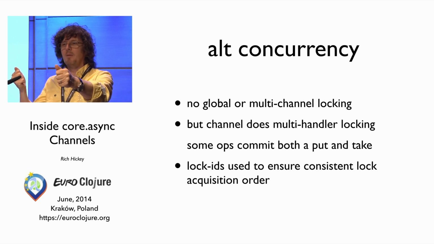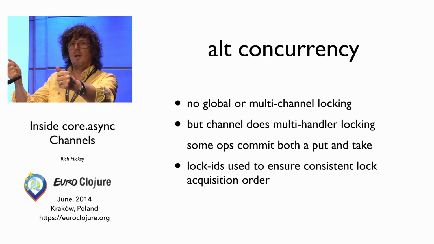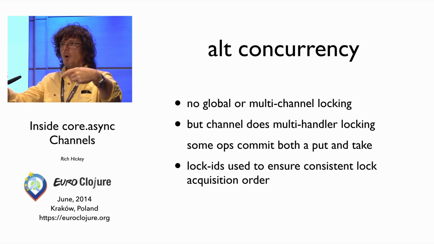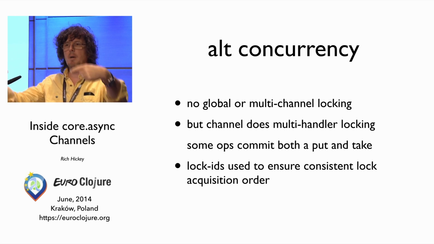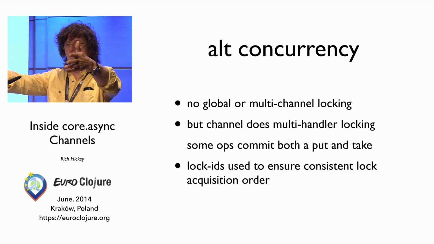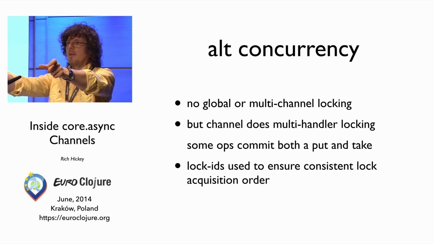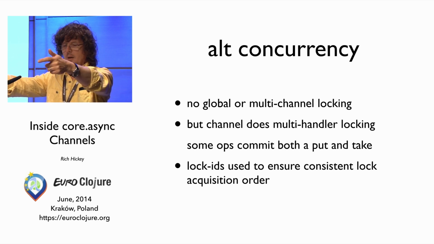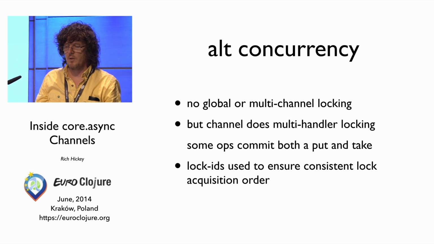Your take was accepted. And I want to tell the putter, your put was accepted, and your put went to this take. Both of those handlers need to be told atomically that the transfer happened. And so what happens is both of the handlers get locked, and then we can commit, and then take the locks off the handlers.